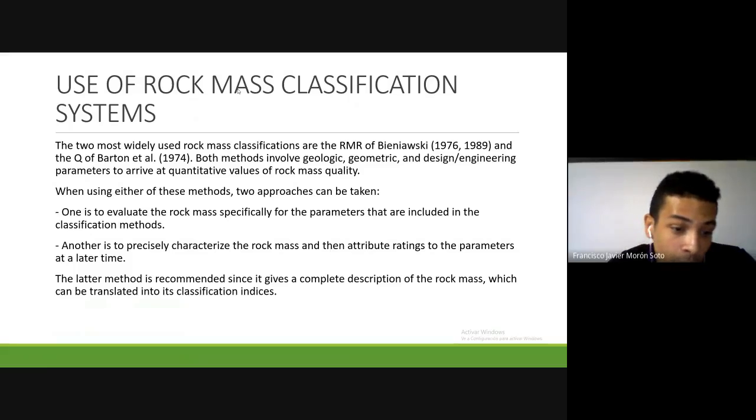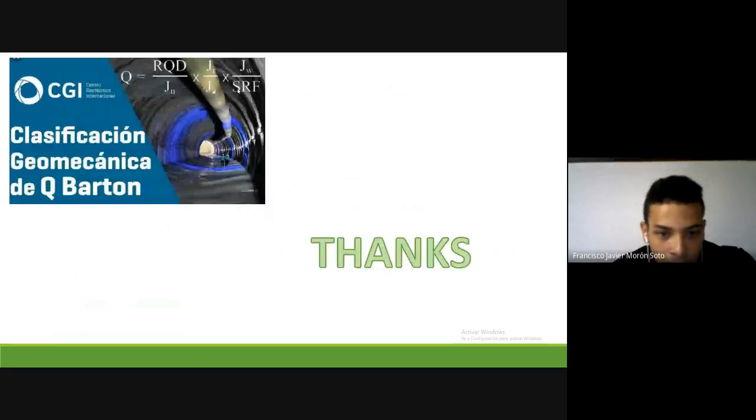One is to evaluate the rock mass, especially for the parameters that are used in the classification methods. Another is a precise characterization of the rock mass, assigning the attribute ratings of the parameters at a later time. The latter method is recommended, since it gives a detailed and complete description of the rock mass, which can be translated into its classification index.